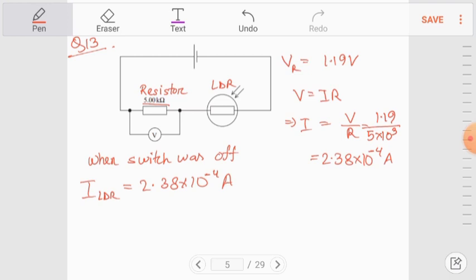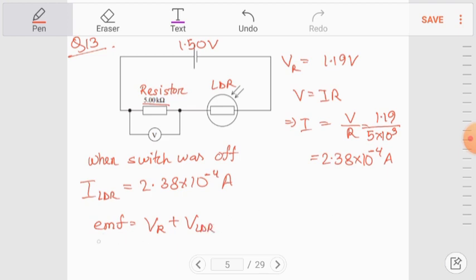And as we have the value for the current, and we also knew that the total EMF of the entire circuit was 1.50 volt, and as the voltage gets shared in the series circuit between the different components, here we can write EMF equals V of the resistor plus V of the LDR.